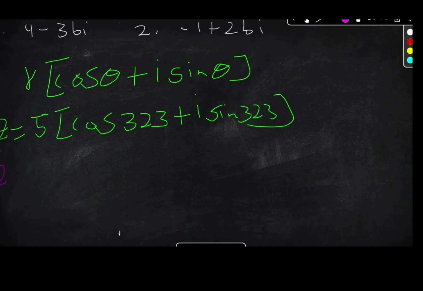Finding the exponential form, which is r e exponent i theta, that also becomes 5 exponent i 323 degrees.